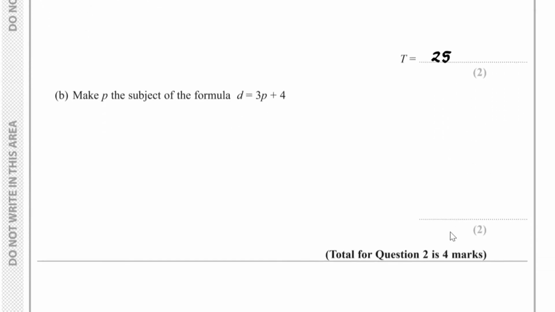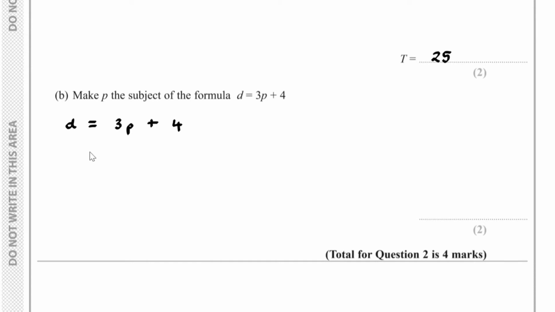And then for part B, we have to make p the subject of the formula d equals 3p plus 4. So we want to get p by itself. So far we have d equals 3p plus 4.